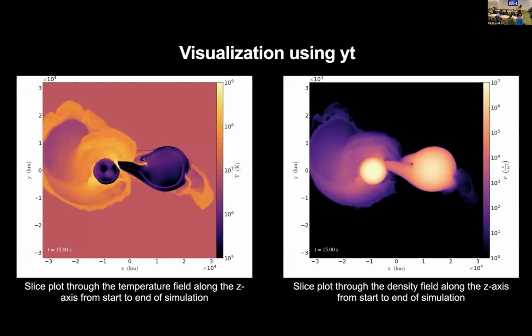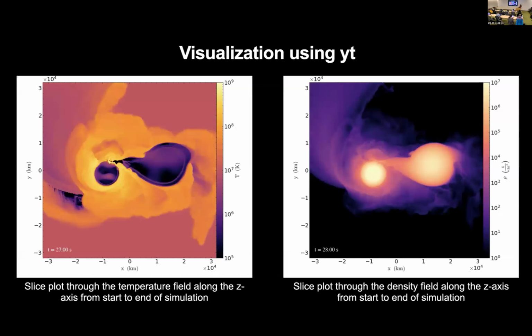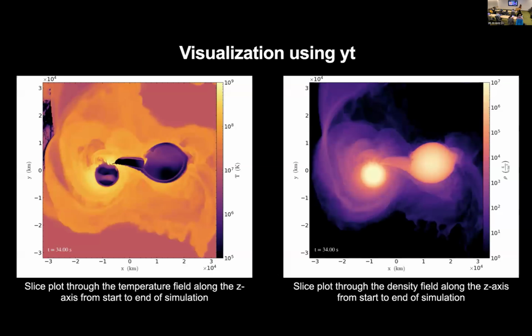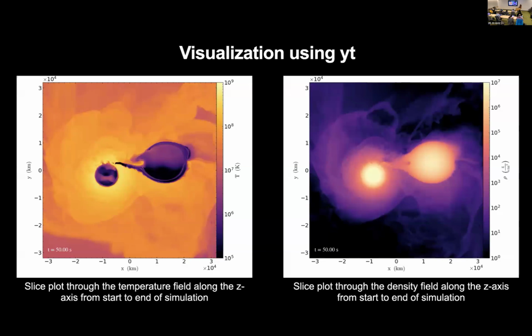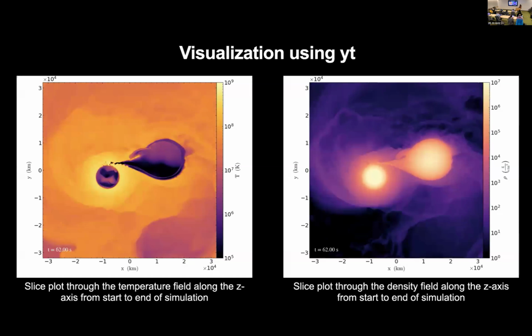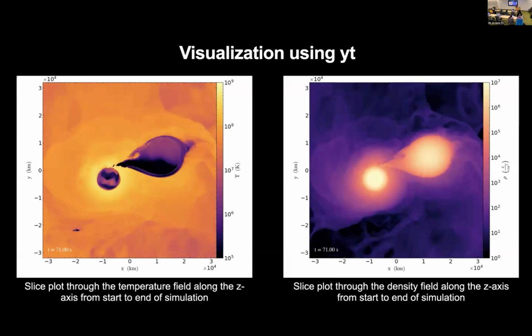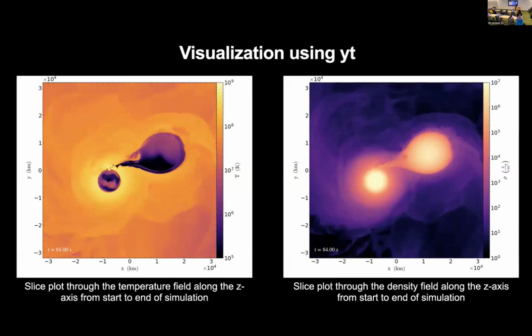So this is a run that I did on Perlmutter using 512 CPU nodes because unfortunately my entire group uses GPUs and we ran out of our allocation pretty quickly. So someone had to make use of the CPU nodes and that was me.